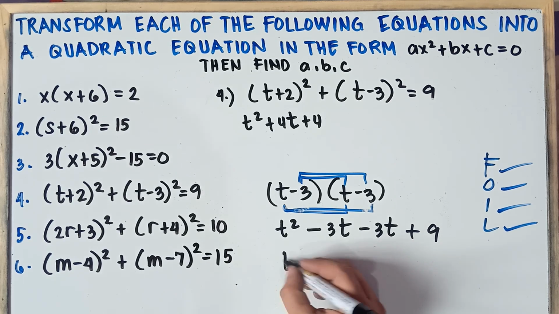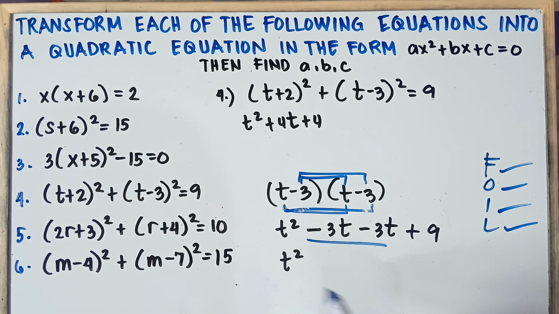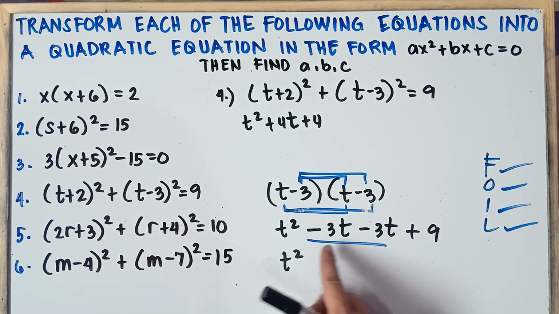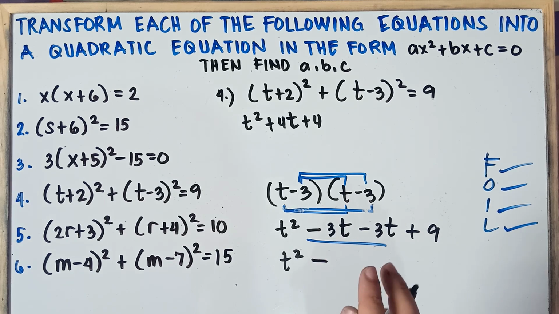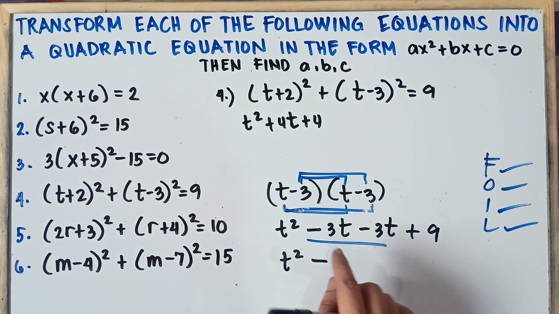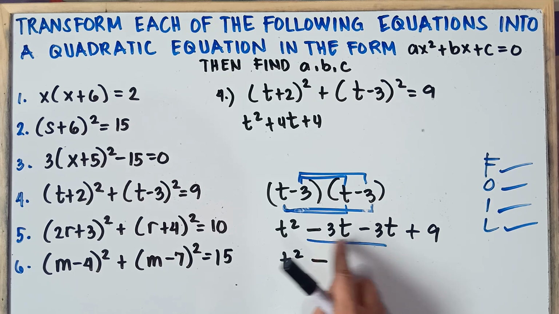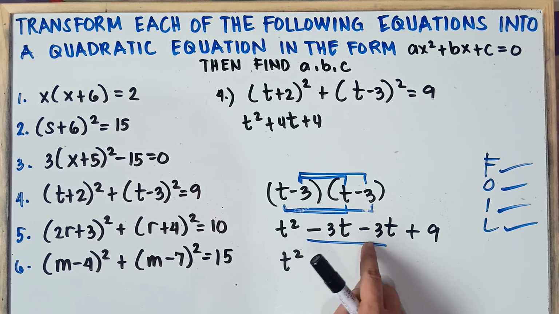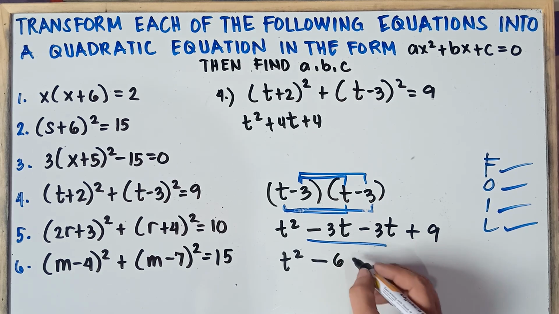So, copy t squared. And then we can combine this one once again, class. If you have both negatives and you're combining, simply copy the negative sign, then add the numbers. So, negative 3 minus 3, both negative, simply copy negative and then add the numbers. 3 plus 3, that's 6. Copy t.